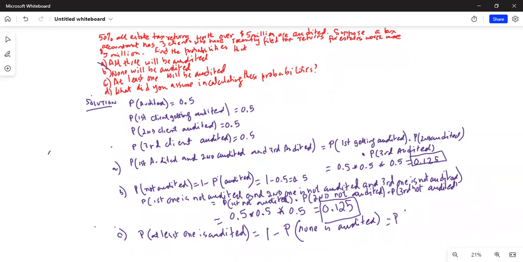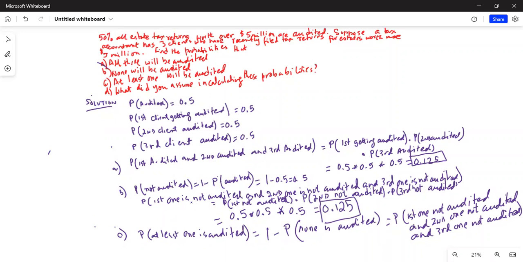But the probability that none of them is audited, we already found in part B, is 0.125.